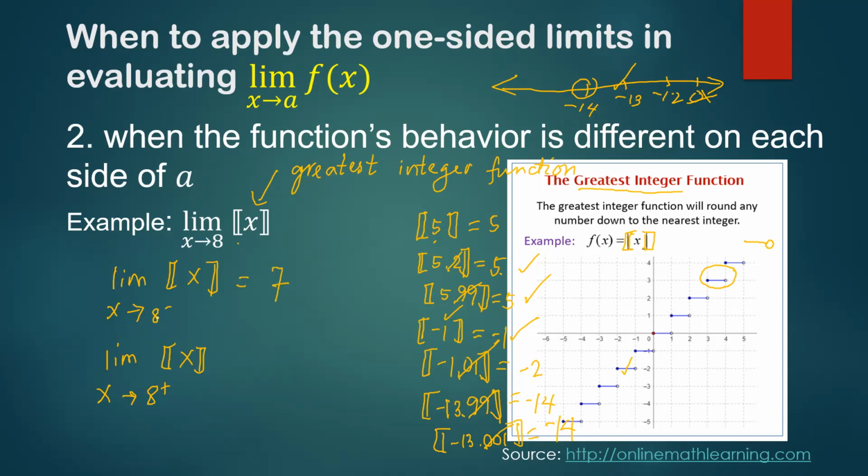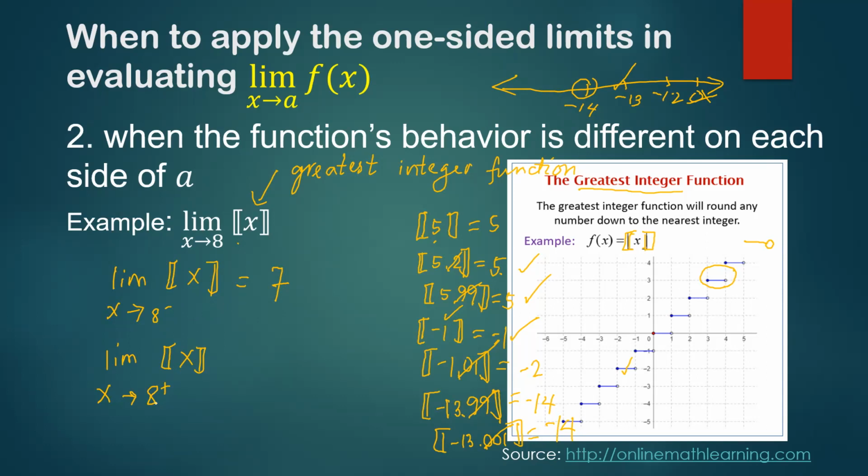Diba? Kahit lumalapit siya sa 8, pero hindi naman siya kasi dapat mag-i-equal dito sa number mismo na to eh. Lumalapit lang siya ng malapit na malapit. 7.9999999. 7 pa rin ang magiging greatest integer function ng number na yon.